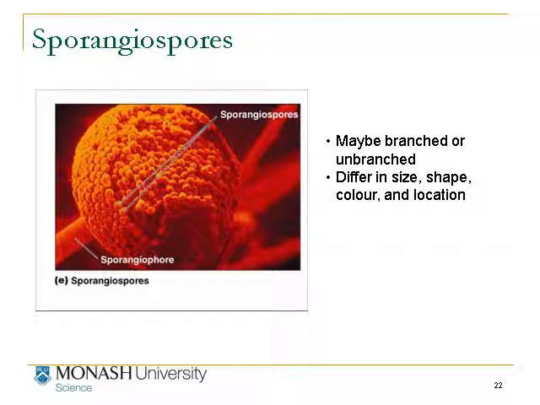For sporangiospores, these are numerous tiny spores that are formed inside a sporangium on top of a sporangiophore, which can be branched or unbranched, and they all differ in size, shape, color, and location according to the different species of zygomycetes.